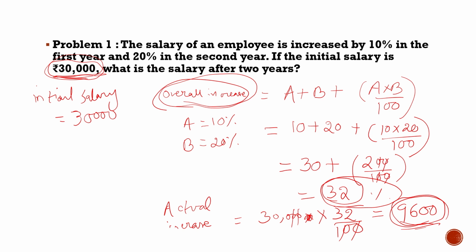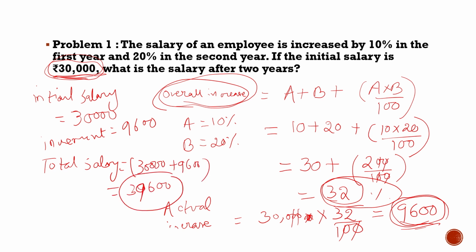So what is the total salary after 2 years? So total salary will be this 30,000 plus 9600, which is 39600. So after 2 years, the actual total salary will be 39600.